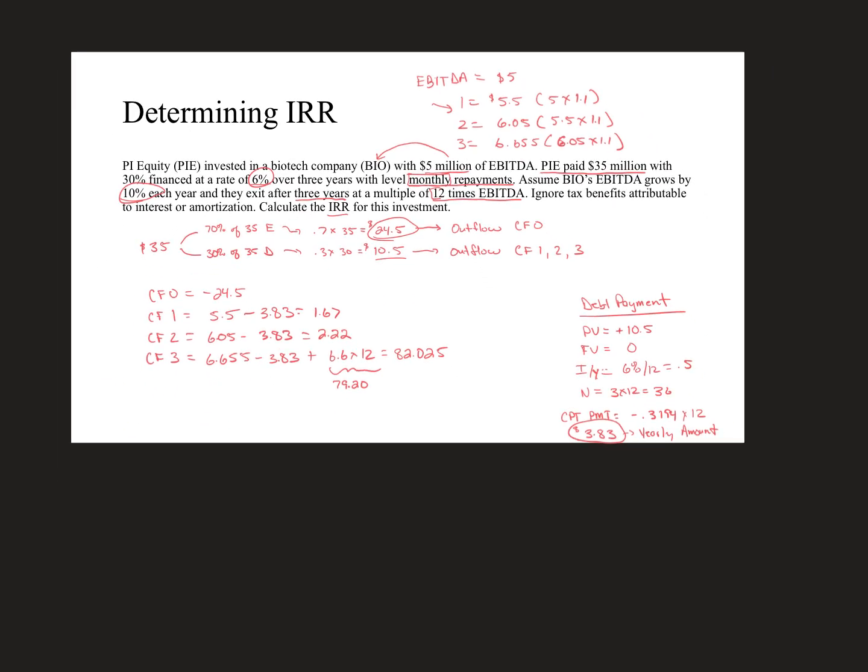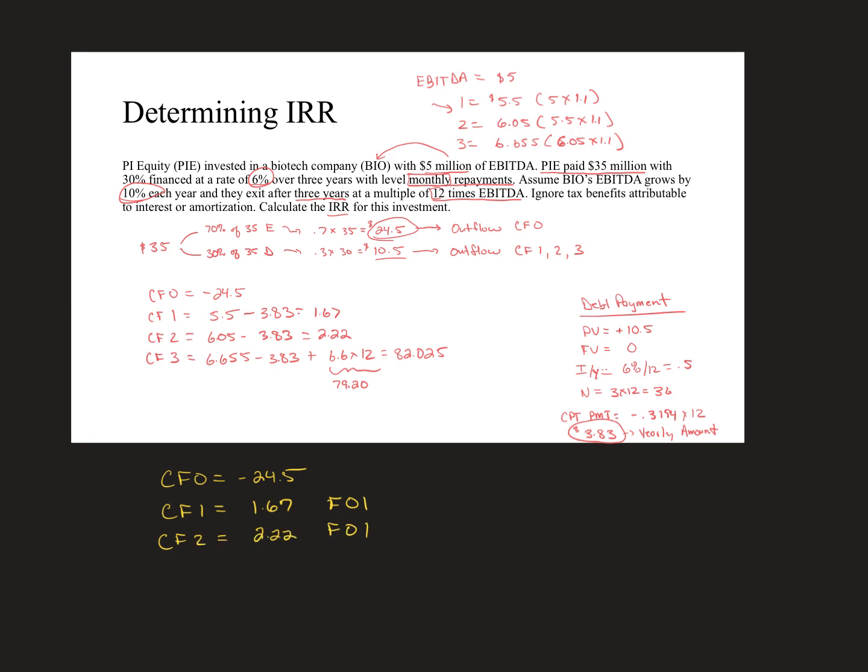Now let me just shrink this up a little bit. When we go to our calculator, we're going to put in our cash flow 0 as negative 24.5. Our cash flow 1 is going to be 1.67, and our frequency will be 1. Our cash flow 2 is going to be 2.22 with a frequency of 1.